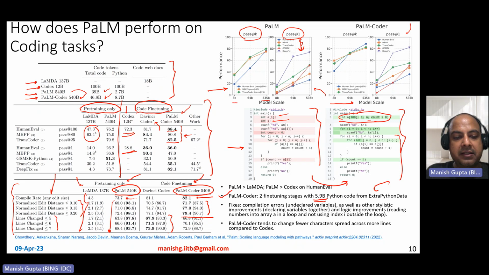But on the line-based metrics, so how many cases did the code compile after you used PaLM coder or Codex models, if you care about lines changed, so only look at those test cases where less than 5 lines changed, less than 6 lines changed, and so on, unfortunately, the PaLM coder model does not perform that well. The Codex model is actually better in those buckets. This basically means that the PaLM coder model tends to change fewer characters spread across more lines compared to the Codex model. But these authors also mentioned that you can have some little tweaks so as to have the PaLM coder model make small changes in fewer lines and therefore do away with this drawback as well.